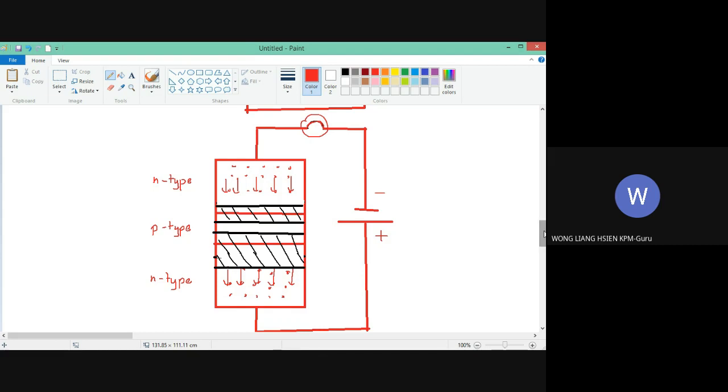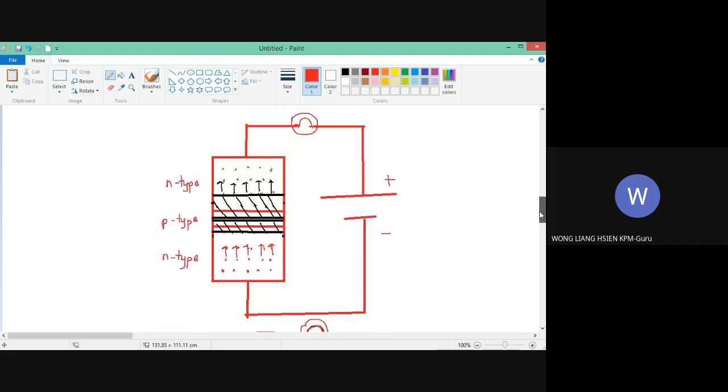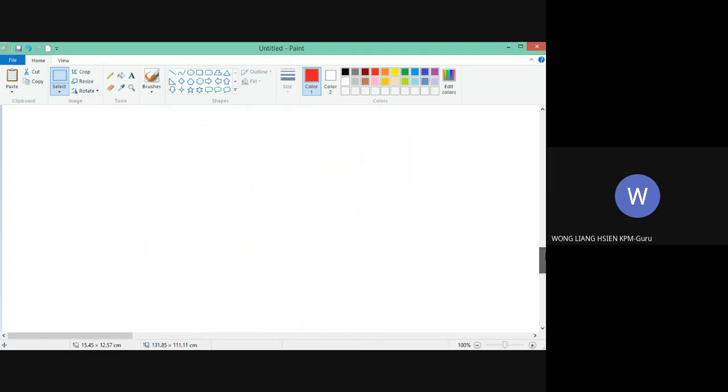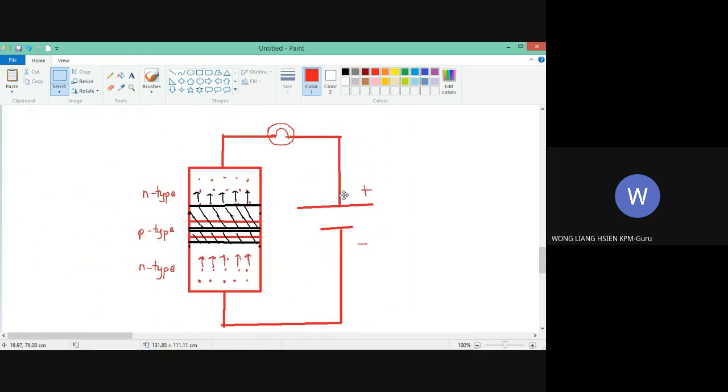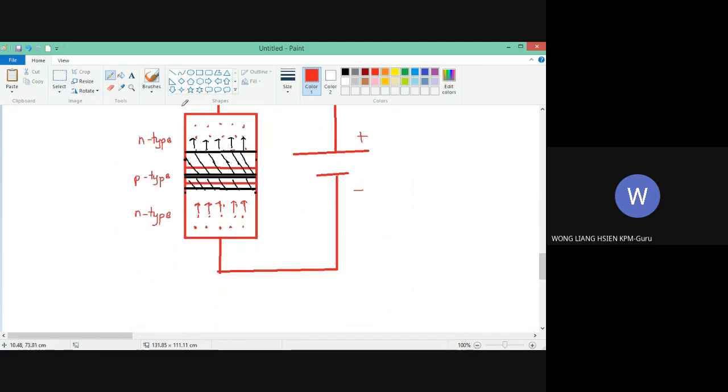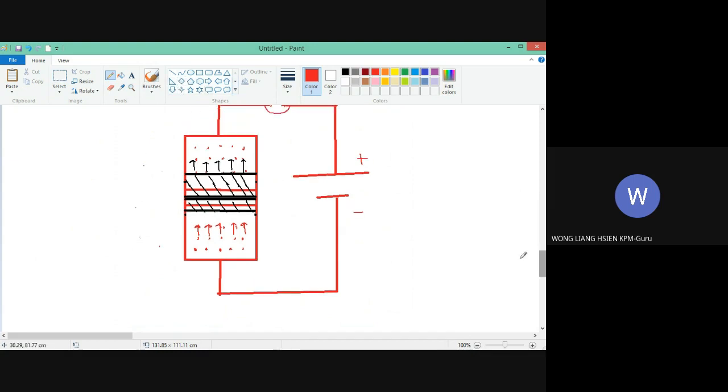So here, one very special thing about the transistor is, what we are going to do is connect another power source.